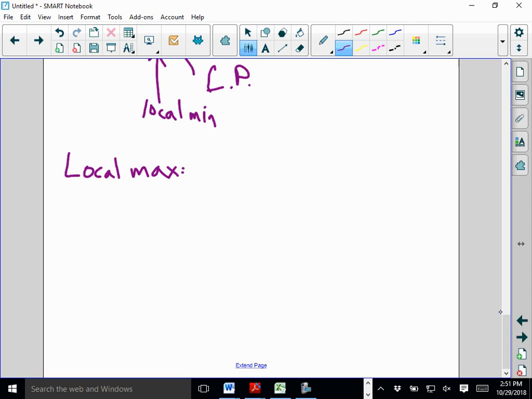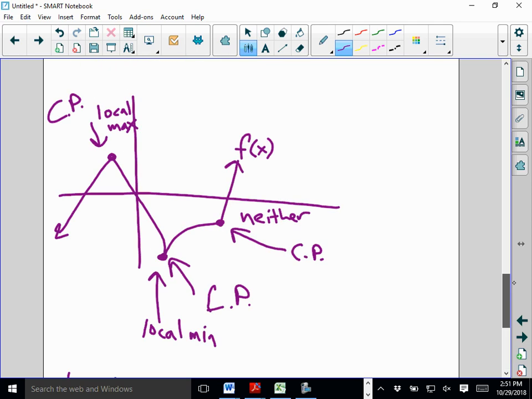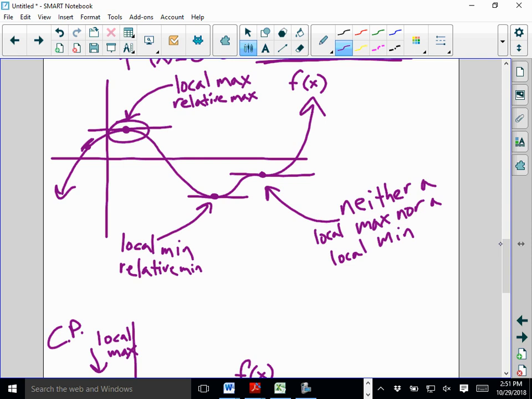So what's happening on a local max? Well, let's go back and look at our first graph. What is happening to f prime, right? Right here, f prime equals 0, right at this point. But what is f prime doing to the left and to the right? Well, on the left side of the local max, f prime is greater than 0. On the right side of the local max, f prime is less than 0.